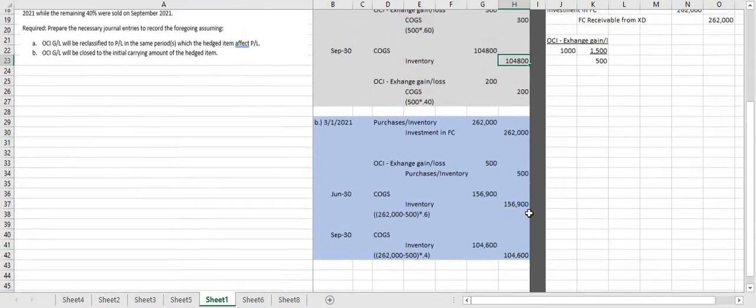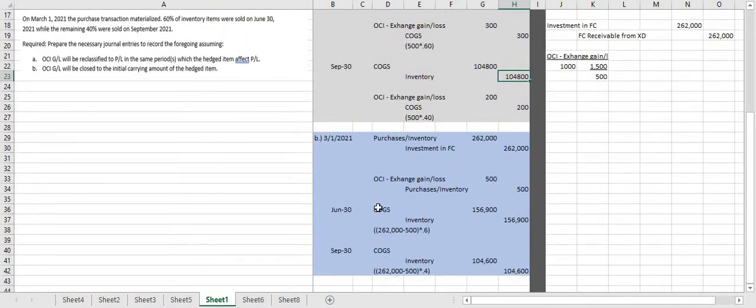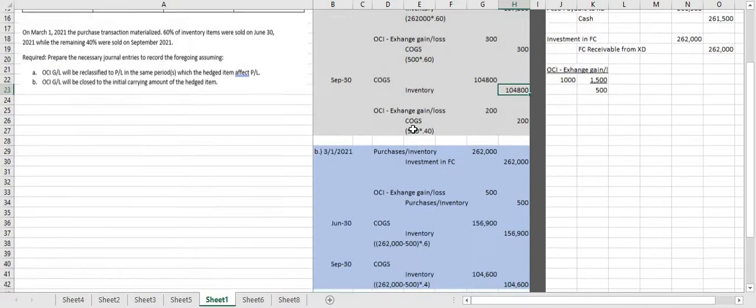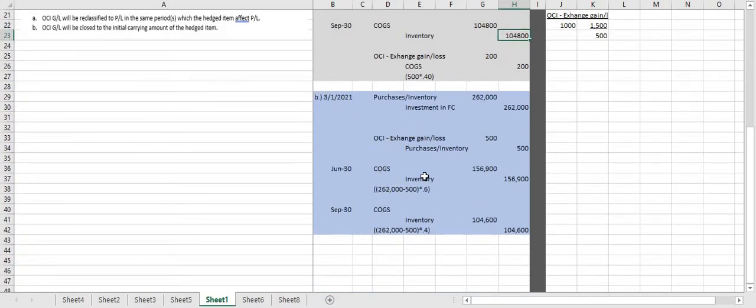So our cost of goods sold now is lesser than the cost of goods sold na ating recognize if the OCI is reclassified to P&L at the time that the hedge item affects P&L. Ayan. So our cost of goods sold here is, magkano na ba yung balance ng ating inventory?